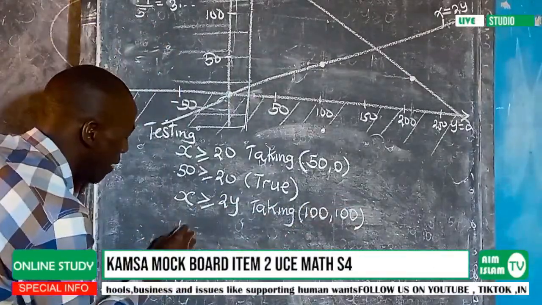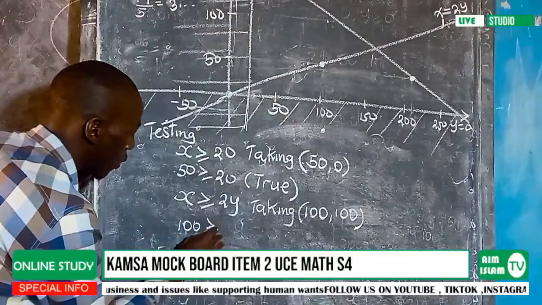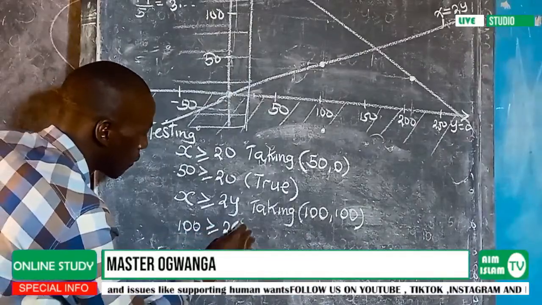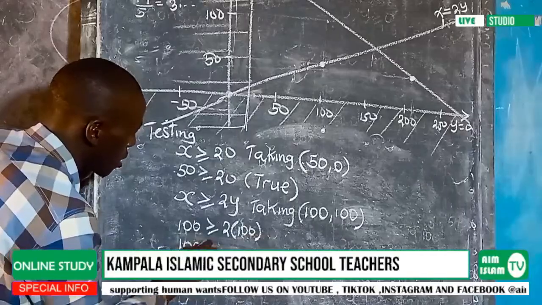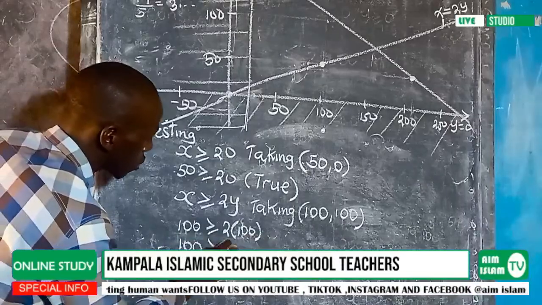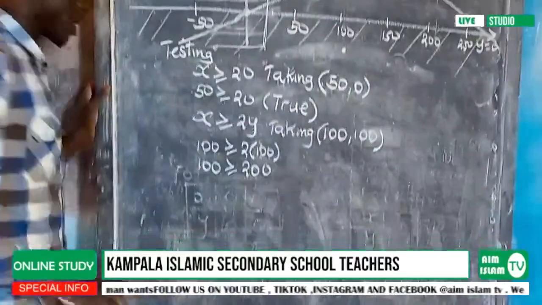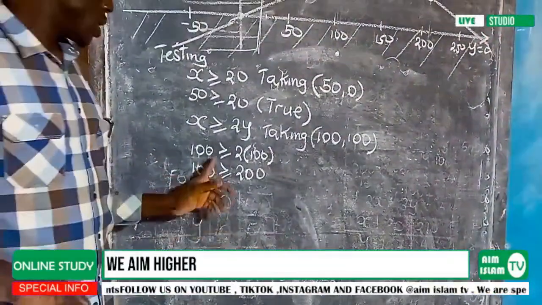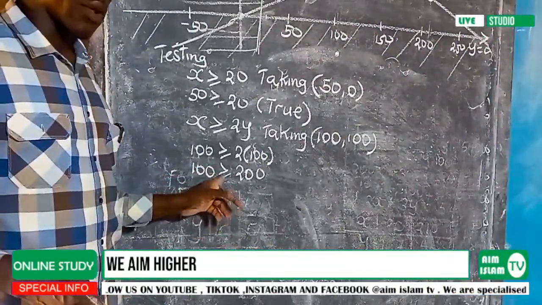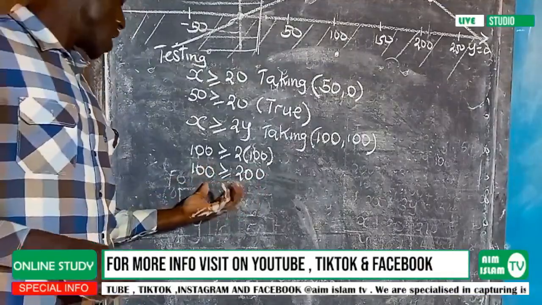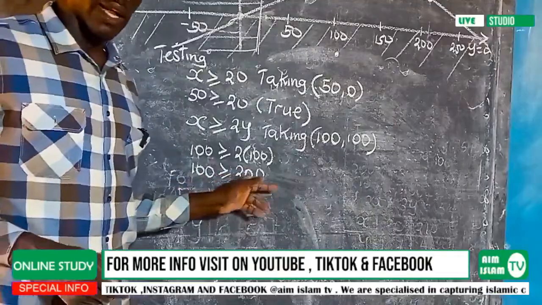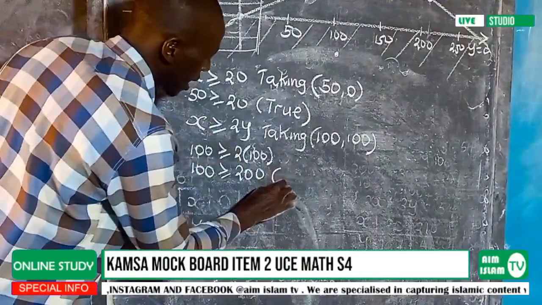So we are going to have the 100 for x greater than or equal to 2 of 100 for y, which will be 100 greater than or equals to 200. Then another question will come. Is 100 greater than or equals to 200? It is a very big no, because this 100 is smaller than the 200, meaning that this is not true.